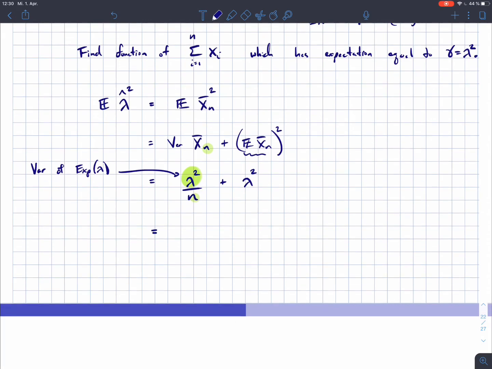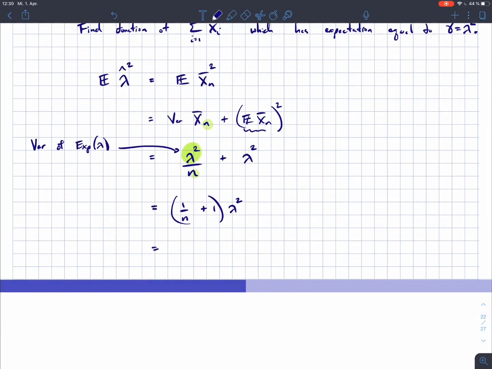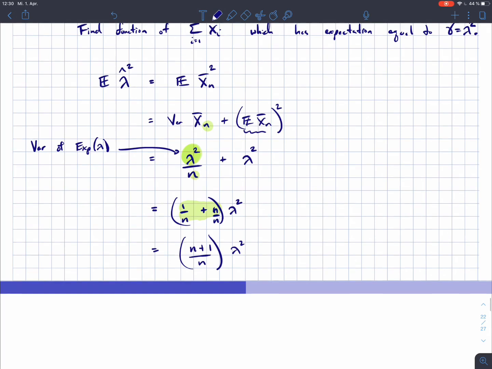Okay, so I get 1 over n plus 1 times lambda squared, which maybe is nicer. It's nicer to write it as n plus 1 over n lambda squared. So just get a common denominator. So write this second one as n over n. Okay, so actually this estimator is biased for lambda squared.